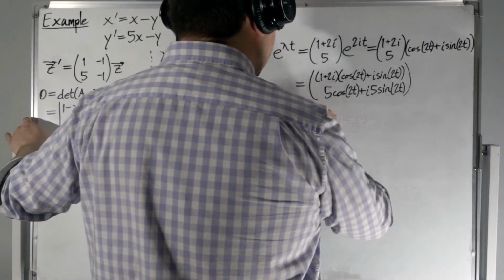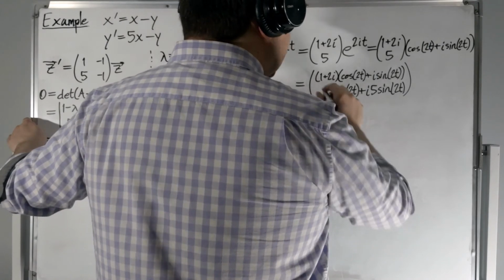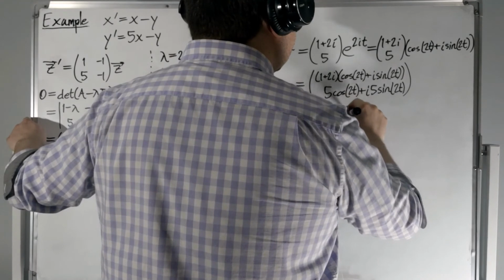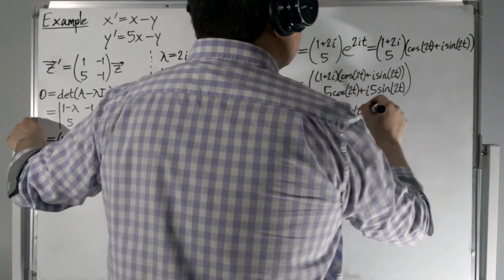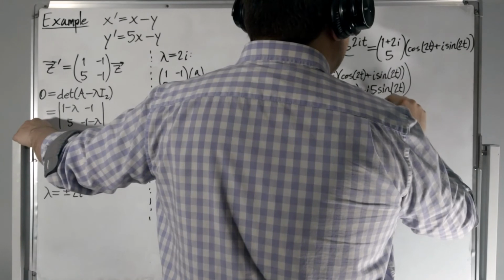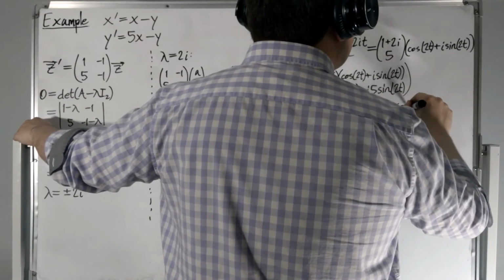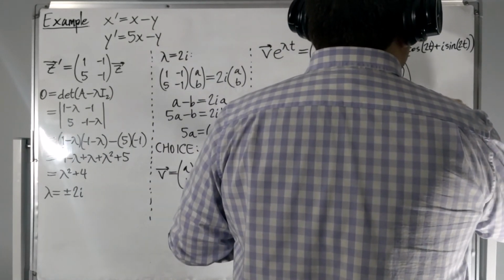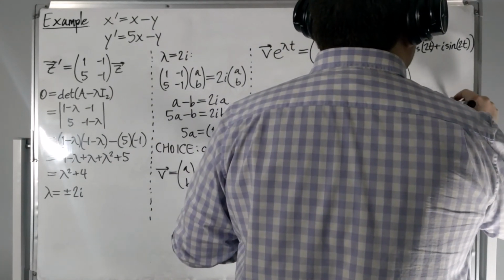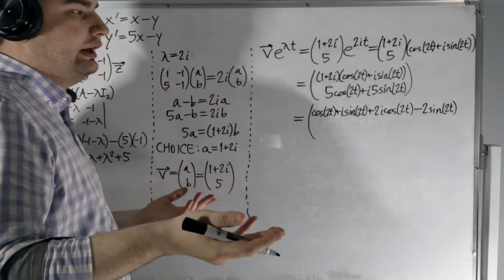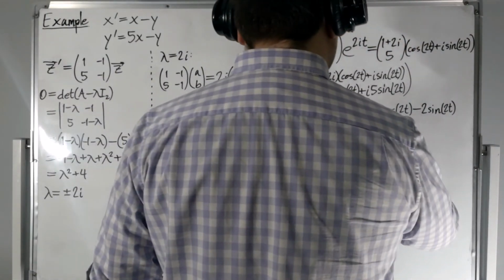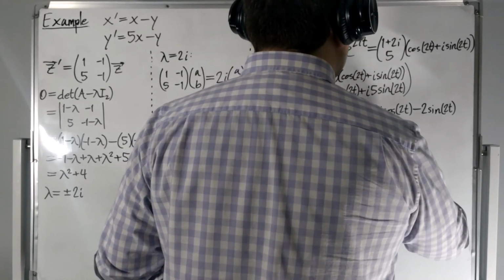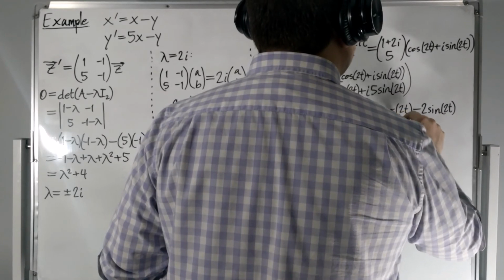You distribute the first coordinate. This becomes cosine of 2t plus i times the sine of 2t plus 2i cosine of 2t plus 2i squared sine of 2t. i squared is negative 1. And then the second component is still 5 cosine of 2t plus i times 5 sine of 2t.